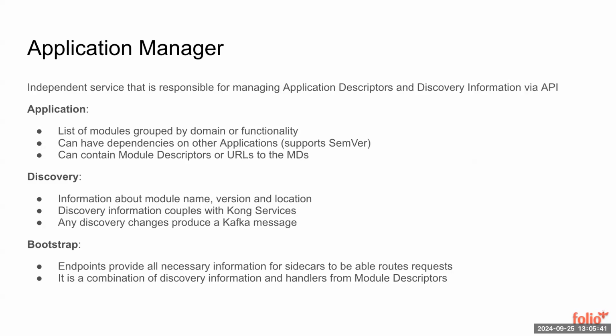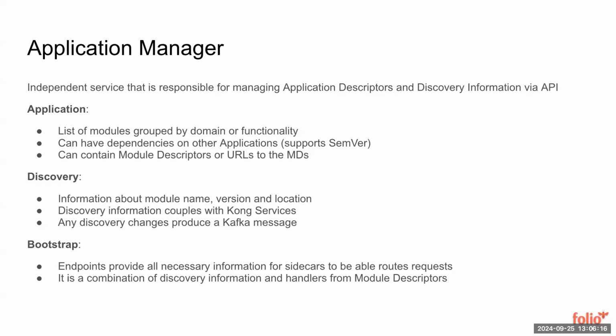Let's talk a little bit about the entities that we operate inside our application manager, to have a better understanding of our processes and workflows. First of all, it's applications themselves. As you know from the previous session, or maybe not, I will repeat it. An application is a logically grouped list of modules, and we can group them by our preferences, by domain of functionality.